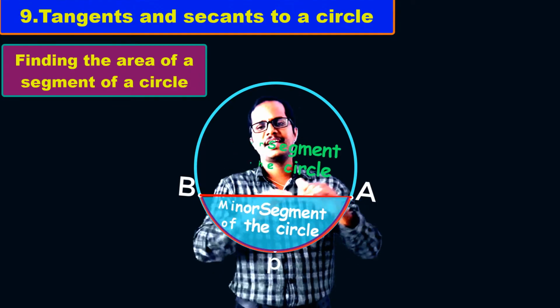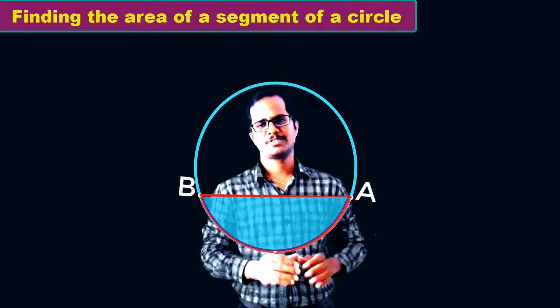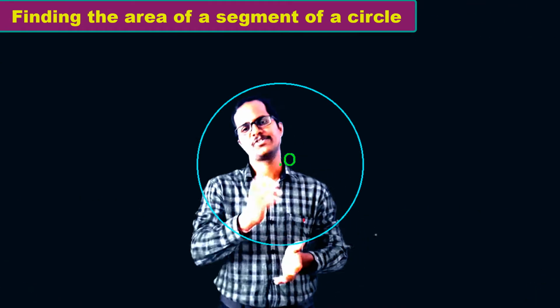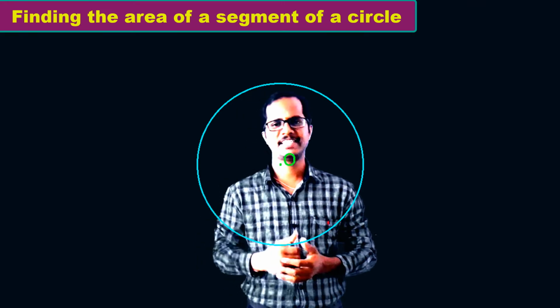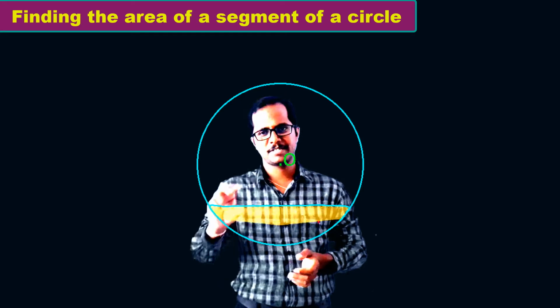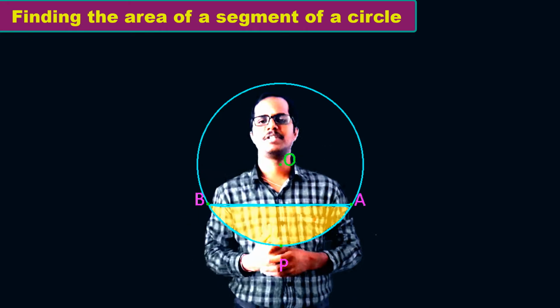So how to find the area of this segment? That is our today's topic. Let us understand this by taking one circle with center O and assume its radius as r units. Now on this circle, let's take a minor segment which is bounded by chord AB and an arc APB.